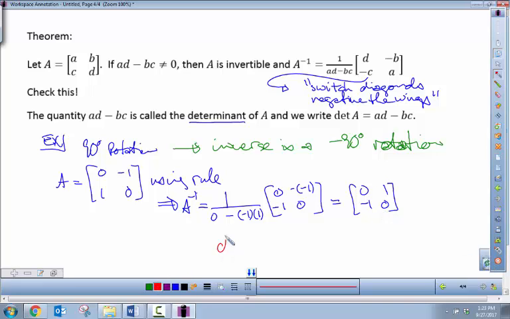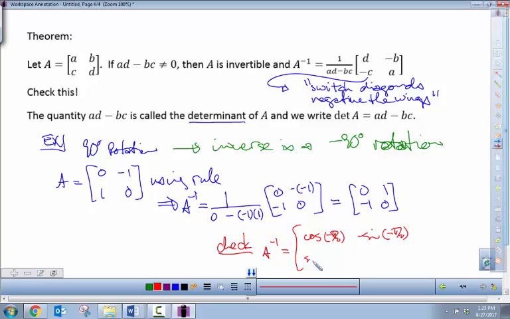Well, let's check that. A negative 90-degree rotation, A inverse, should be equal to cosine of negative pi over 2, negative sine of negative pi over 2, positive sine of negative pi over 2, and cosine of negative pi over 2.